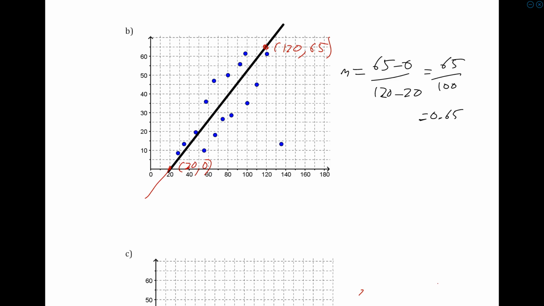If I have an equation where y equals mx plus b, so y equals 0.65x plus b, and I have 2 points here, would it be possible to use one of these points and find what b is? Just sub it in. I'm going to sub this one in because it seems easier. So I end up with y, 0, equals 0.65 times x, which was 20 in this point, plus b.